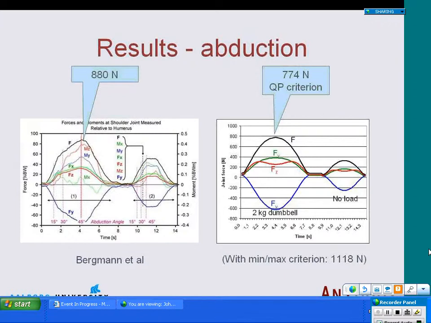The first thing we notice is that the shapes of the curves are very satisfactory compared to Bergmann's data. The coloring of the curves is the same in the two graphs, and you can see that the shapes of the curves are very similar. Of course, in the experimental results, there's a little bit more noise than we have in the idealized computational results, but you can see that there's a very similar shape of the graphs in the two cases.